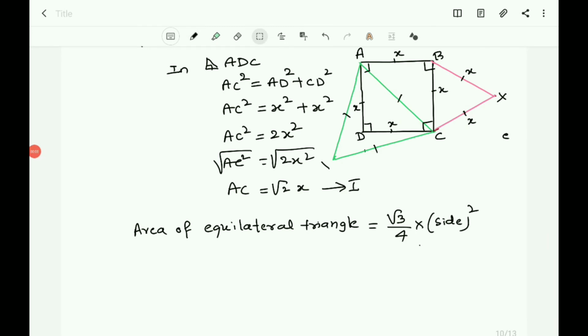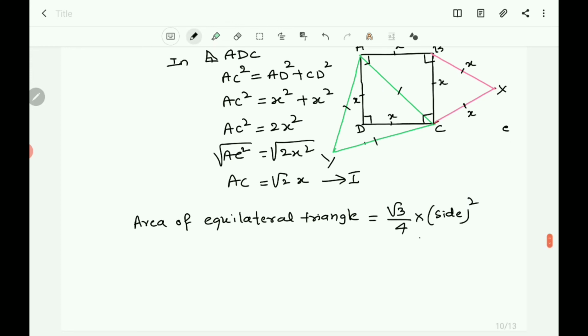Now use this formula to get the area of BXC, which is an equilateral triangle. Similarly, to get the area of the triangle AYC, that is also an equilateral triangle.